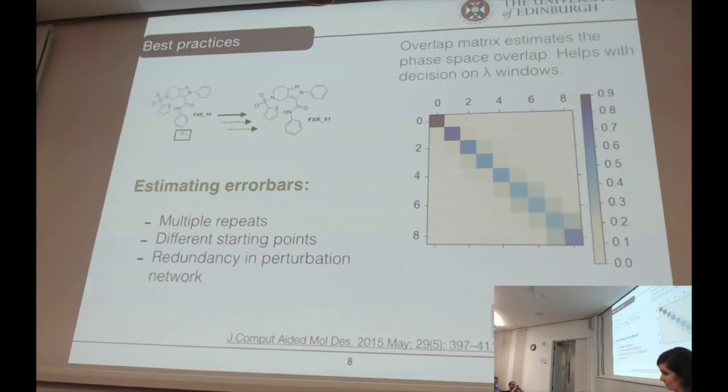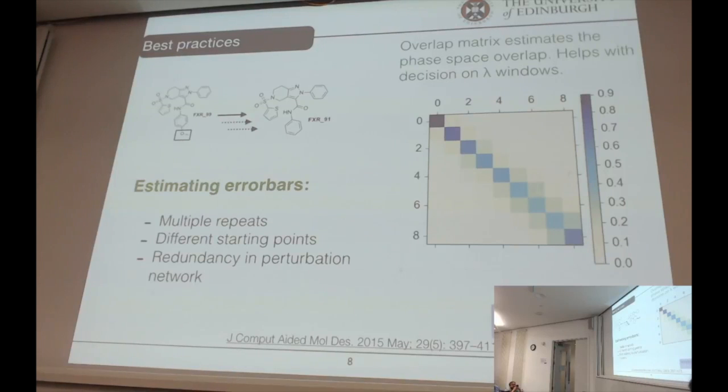Then another thing we look at in order to make sure we have enough lambda windows is an overlap matrix in our perturbations. Basically the idea is, do we have enough contributions from neighboring replicas in order to have a valid MBAR estimate?